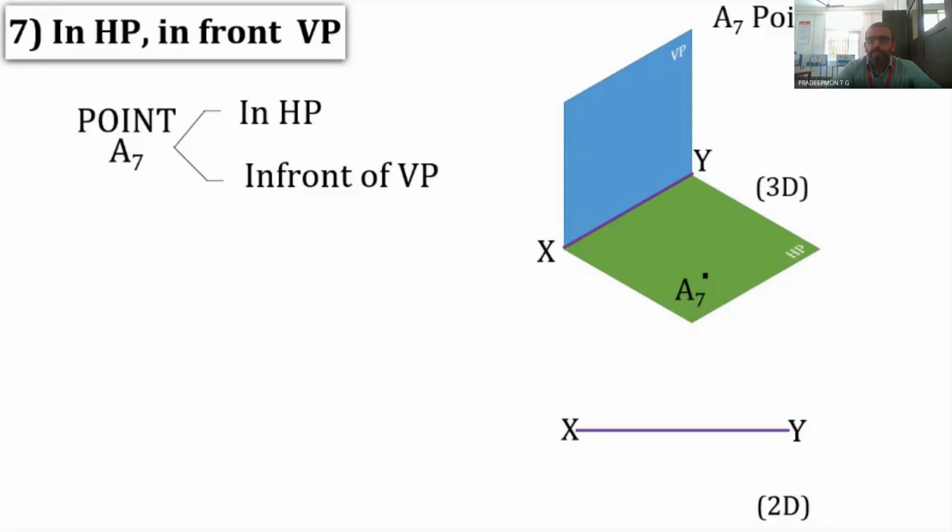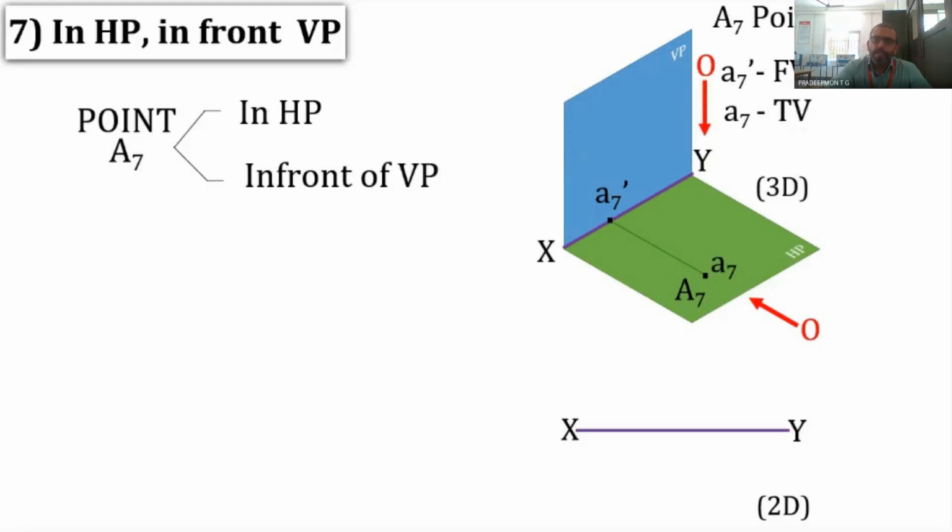The point is in HP and is in front of VP. So when the observer looks, the ray of light which is starting from A7 and perpendicular to VP is traveling, and this ray of light will be lying in HP itself. So it will be intersecting with the XY line. So A7 dash is obtained in XY itself.